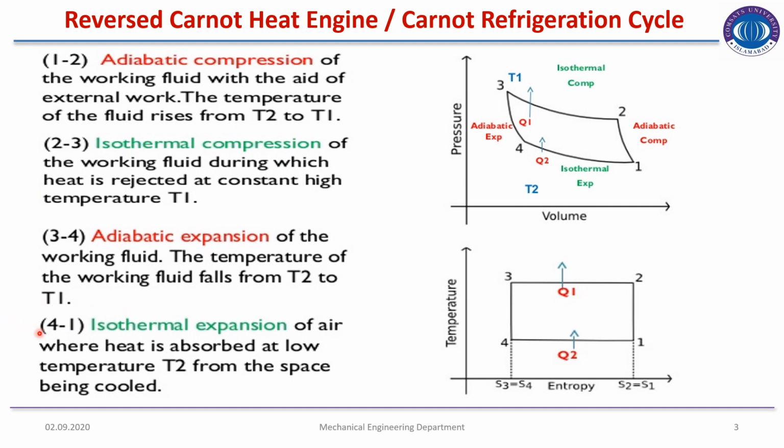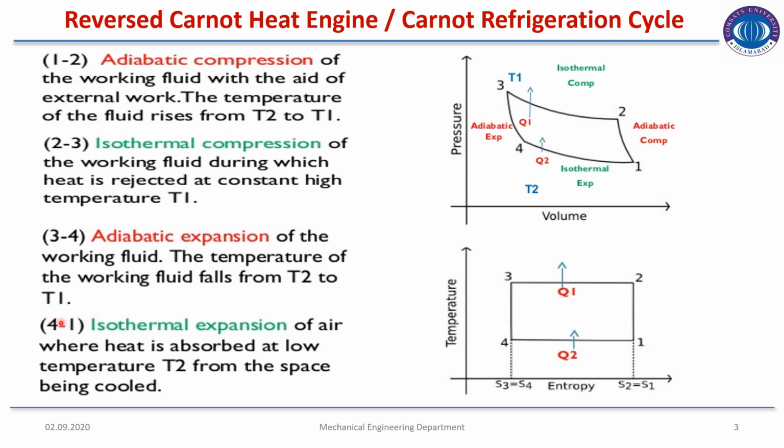As this is a cyclic process, the reversed Carnot heat engine, like the Carnot heat engine, also works on a cycle. For process 4 to 1, isothermal expansion, on the PV diagram on the bottom side you will see 4 to 1, and isothermal expansion is written in green color.